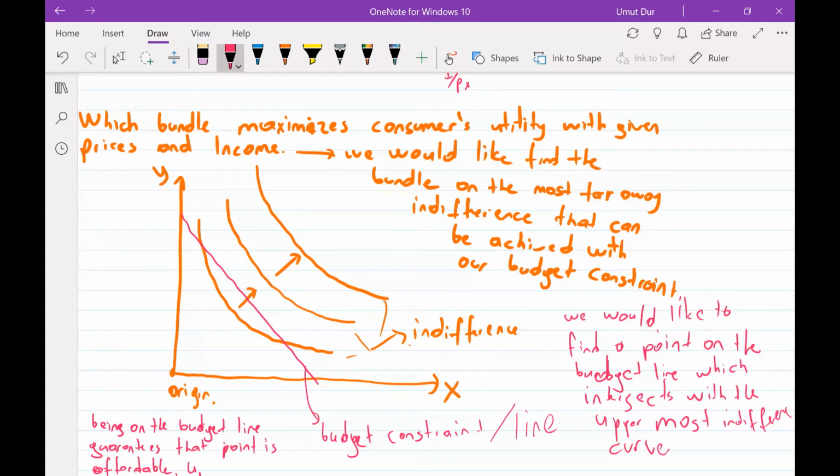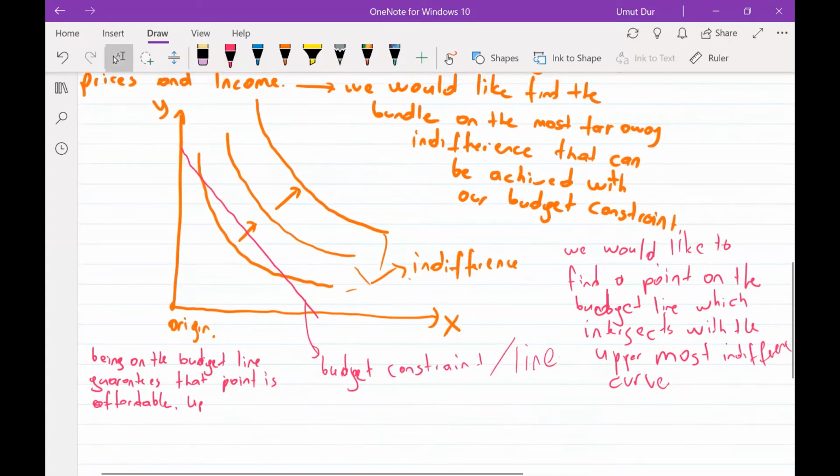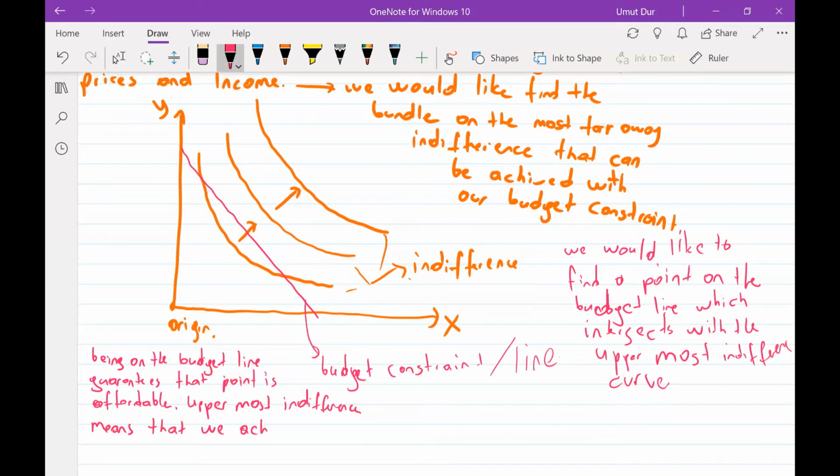The uppermost indifference curve, on the other hand, means that we achieve the highest utility subject to our budget and prices of the goods.